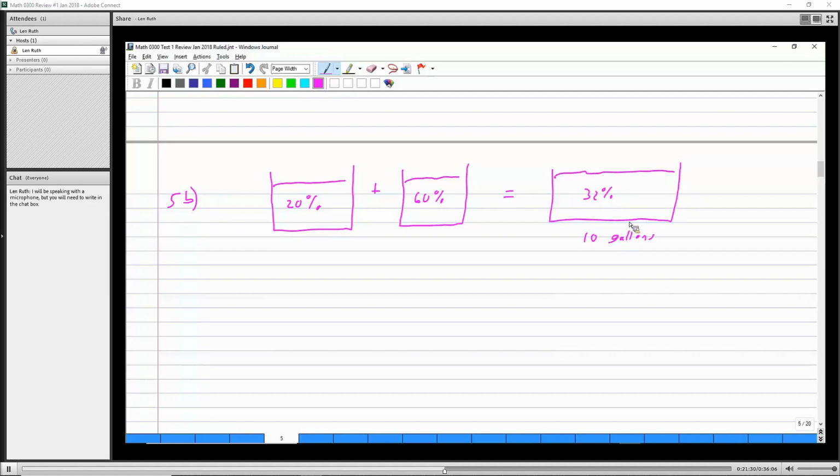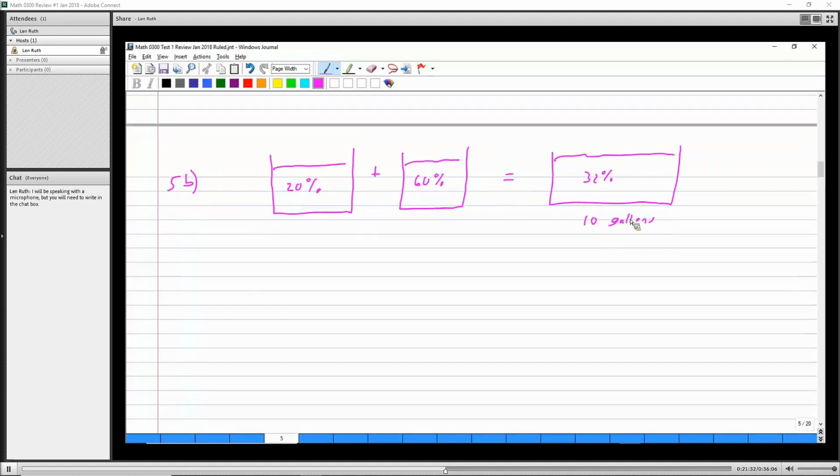So early on in word problems, you always want to label anything that you don't know. And you want to do this somewhat clearly, if for no other reason than partial credit. So I don't know how much of the 20%, so let's call that X. So let X be the number of gallons of the 20% that we're mixing with the 60%.